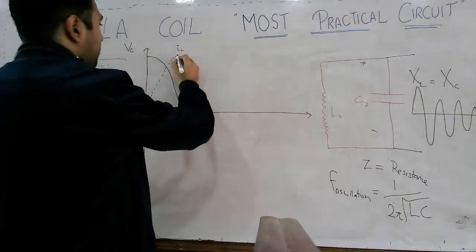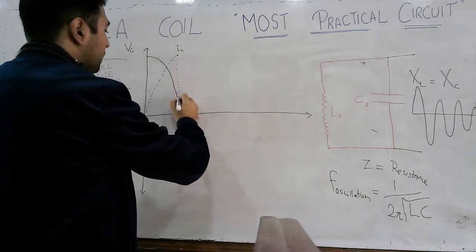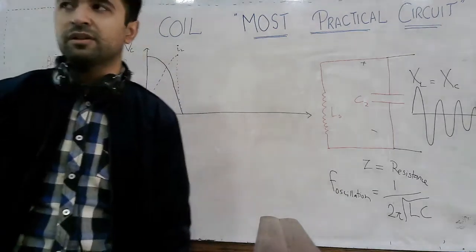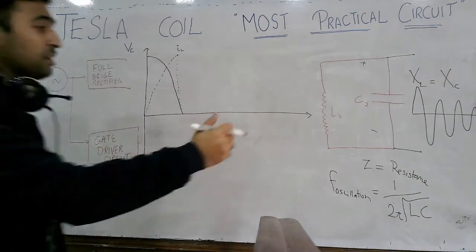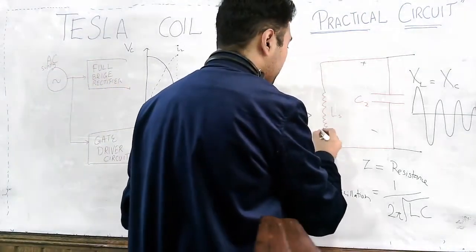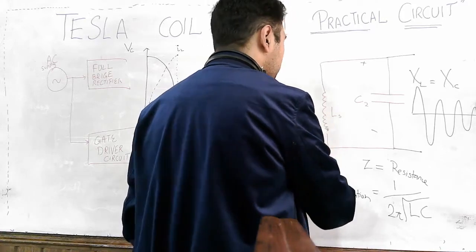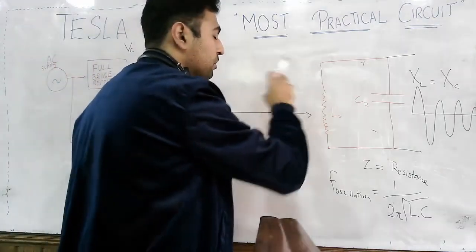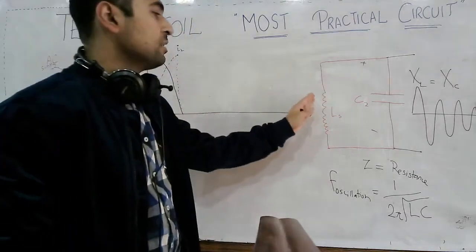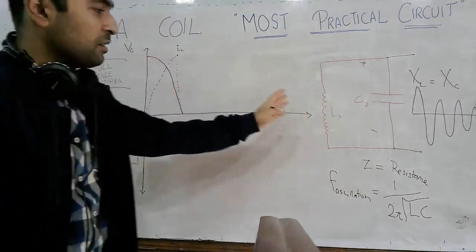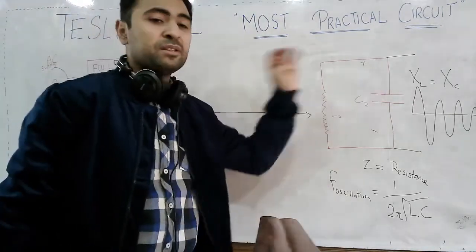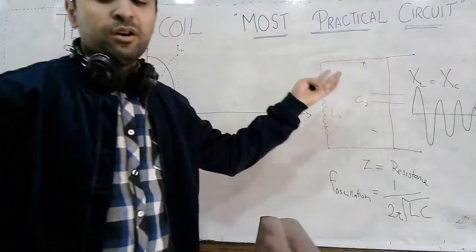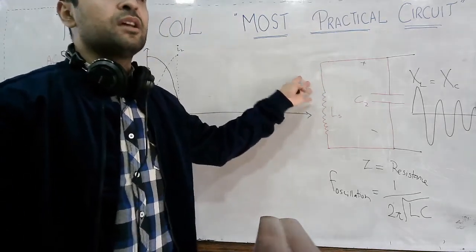Now, the inductor has reached the maximum current and the capacitor has discharged to the 0 voltage level. Now the inductor is charged, but now this inductor wants this current to be maximum. Inductor doesn't want the current to decrease, but now since the capacitor has no current, in that effort the inductor resists the change in current through it.